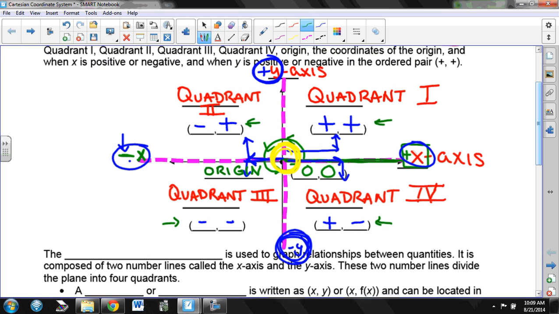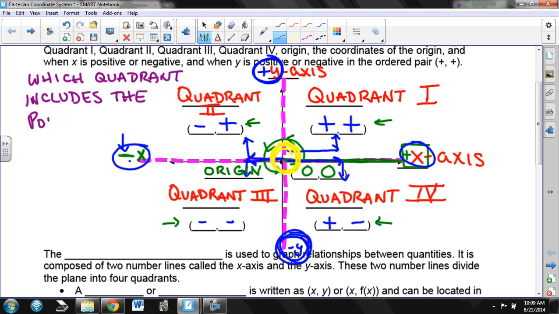If I ever give a quiz on this, a quiz question might be something like, which quadrant includes the point -2, +3?